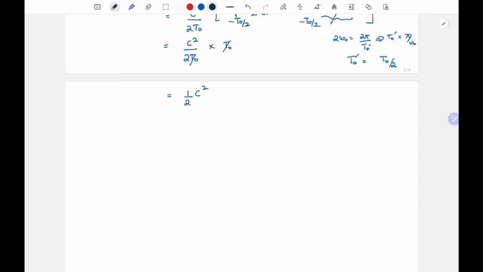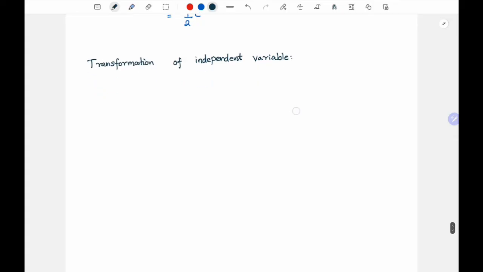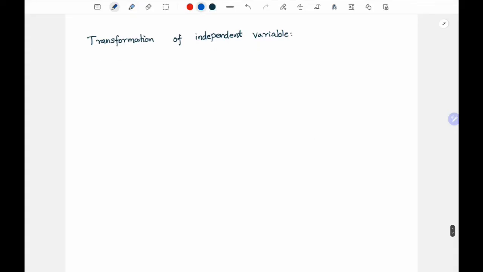So now we can go ahead and see the transformation of independent variables. In this case, we are mostly dealing with one variable, and for convenience we refer to it as time, but it needn't be the case.